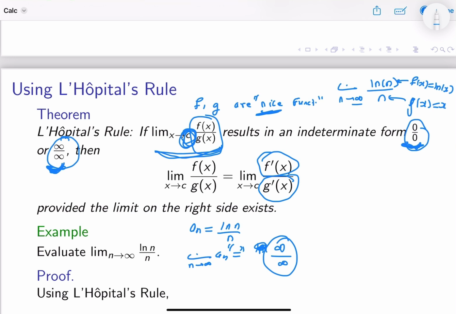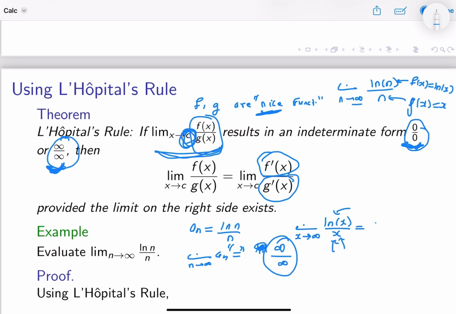And what does L'Hopital's rule say? It says that if you're taking a limit of log of x over x as x tends to infinity, this will be the limit of the derivative of the numerator over the derivative of the denominator. And why is this important? Well, the derivative of x is just 1, so you're getting rid of this ugly denominator.